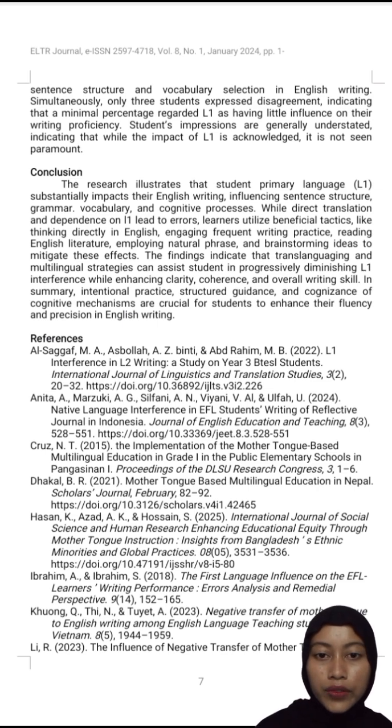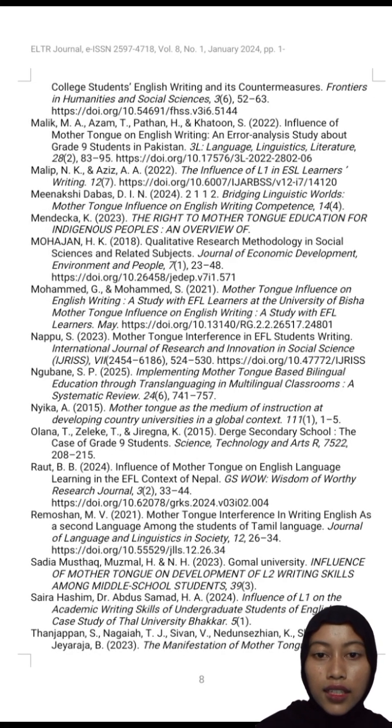The article references several studies about first language influence and translanguaging. These sources strengthen the credibility of the study and support its conclusion about reducing first language interference in English writing.